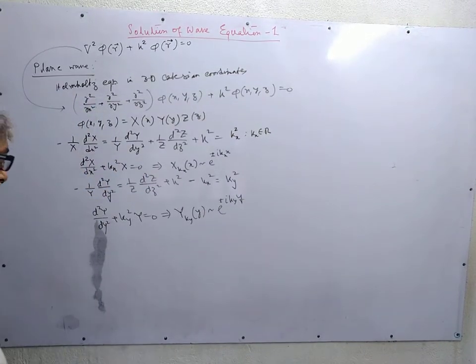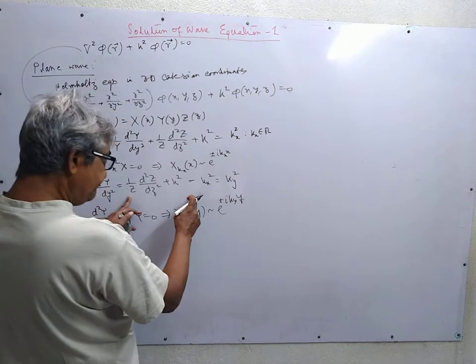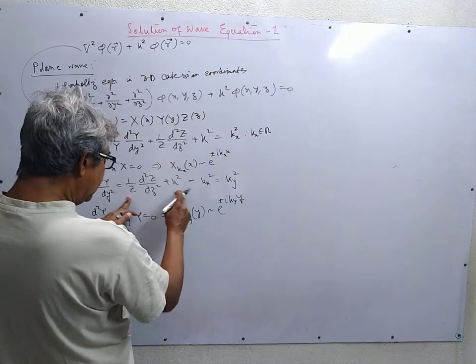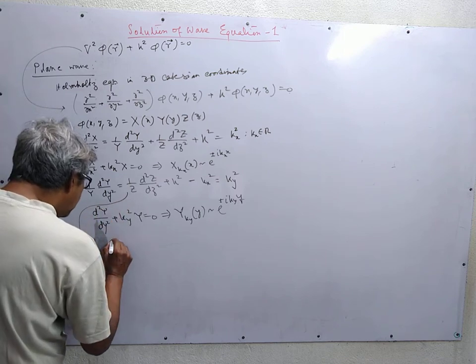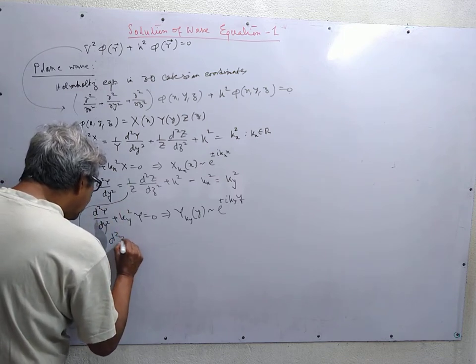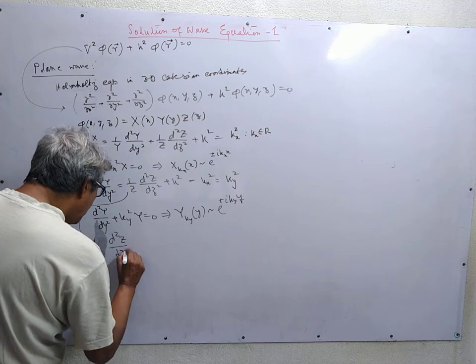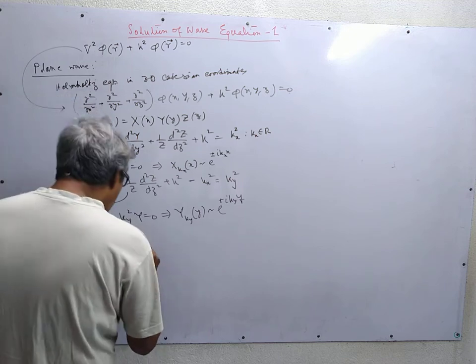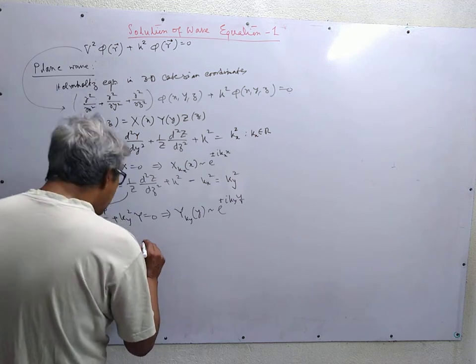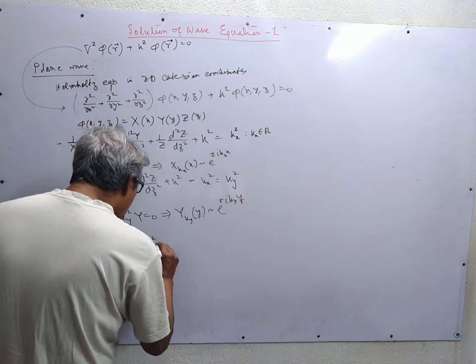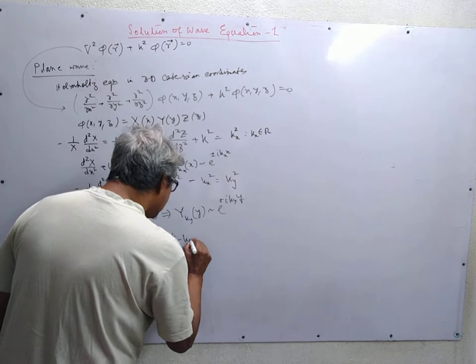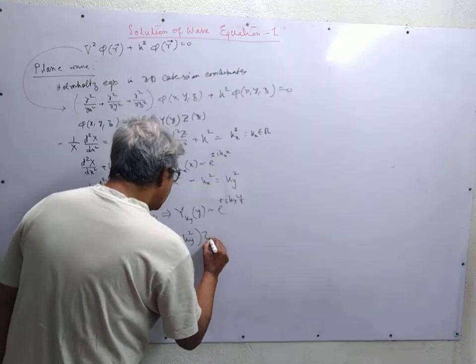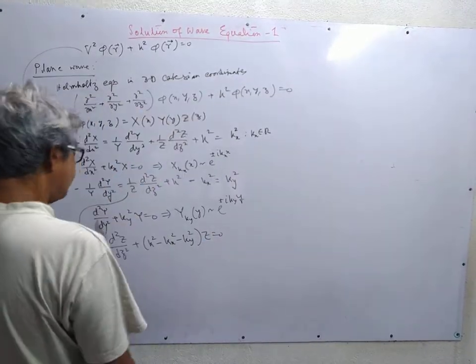Now we come to the Z equation. We see that the Z equation becomes d2Z dz2 plus k square minus kx square minus ky square times Z is equal to 0.